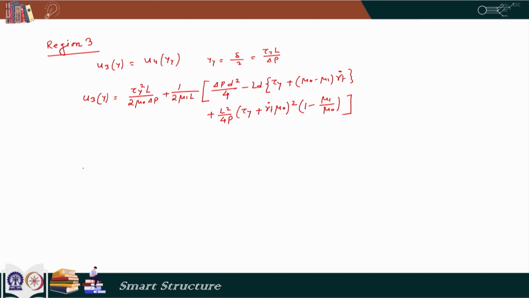Then what we can do is some non-dimensionalization.